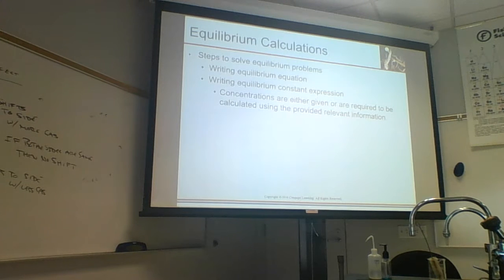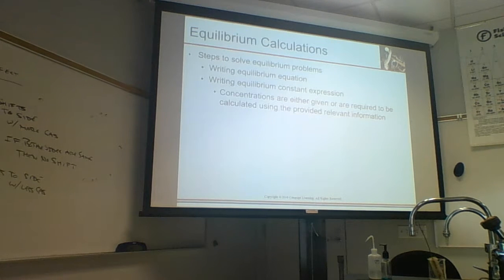So for example, we have KW. You remember KW? And then we have something called KSP. And then we have something called KA. KSP is for dissolving solids. Ka is for acids. And then we have something called KB. KB is for bases.